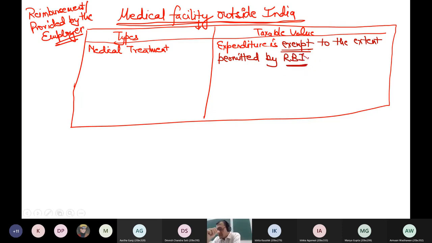Because in this, foreign exchange comes into the picture, then RBI comes into the picture. So to the extent this expenditure is permitted by RBI, that is exempt, and the remaining becomes taxable.